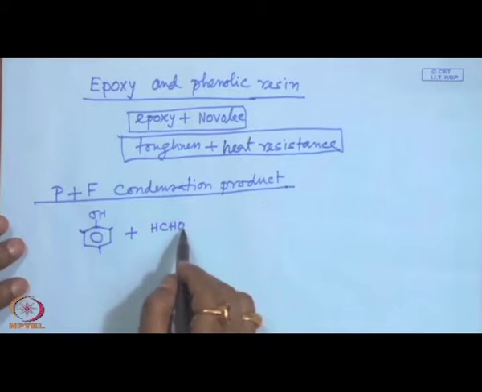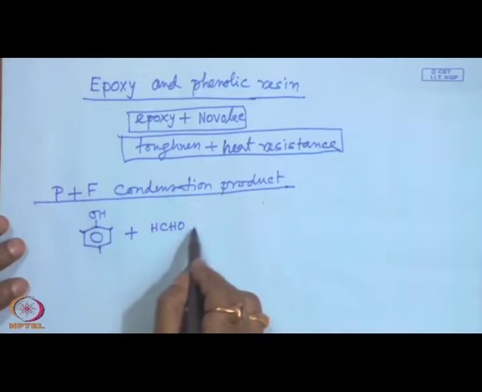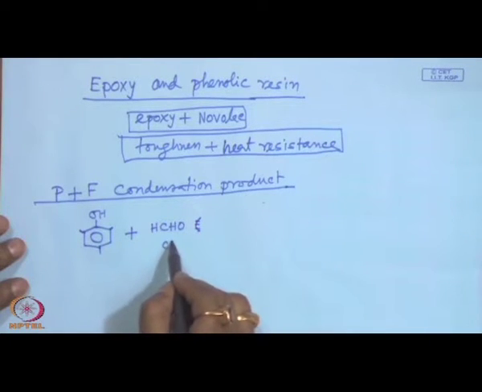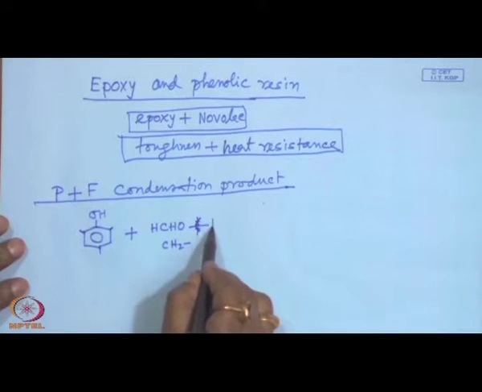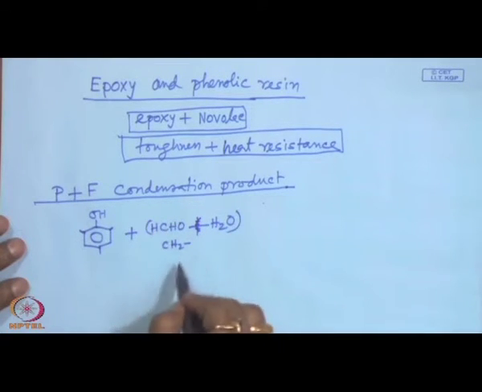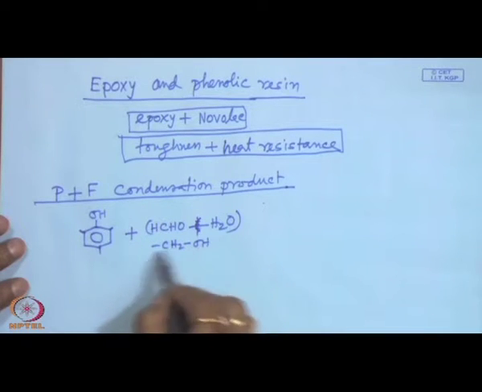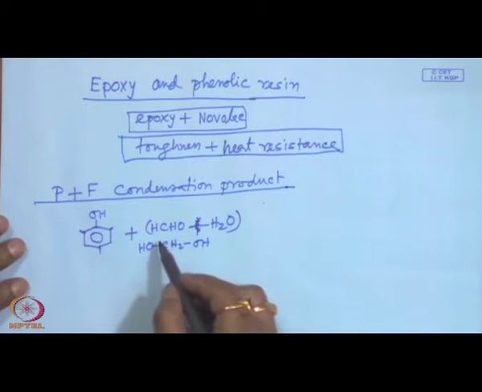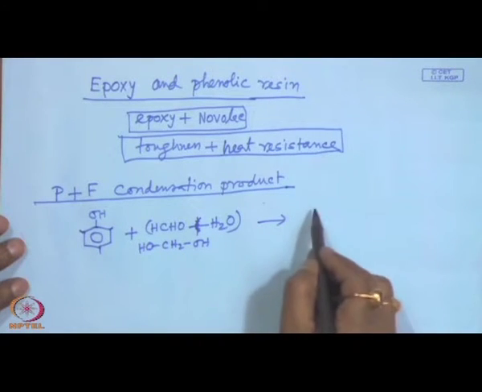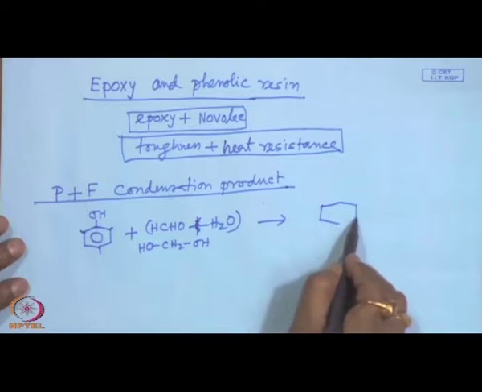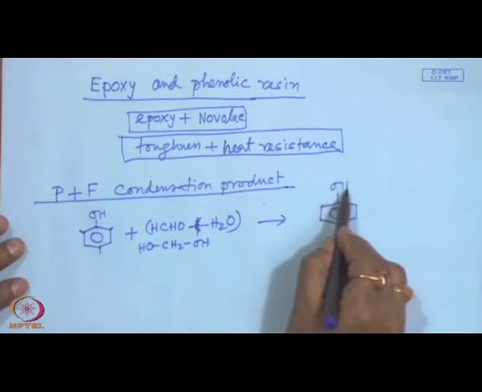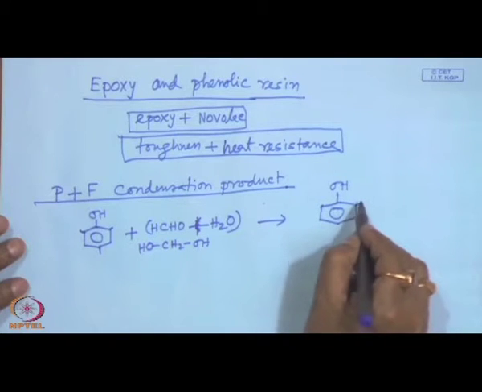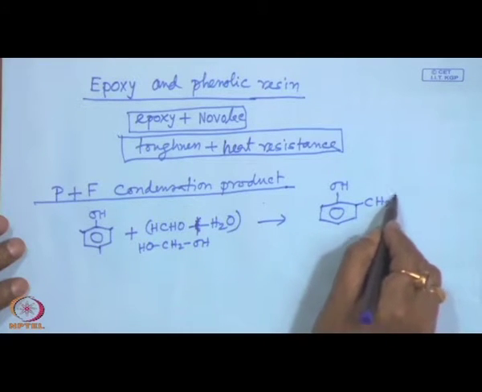This formaldehyde is available in the form of formalin, it gives basically methylene glycol. Formaldehyde with water forms methylene glycol. This methylene glycol reacts with phenol, that means formaldehyde reacts with phenol in the form of methylene glycol, forming this kind of product.